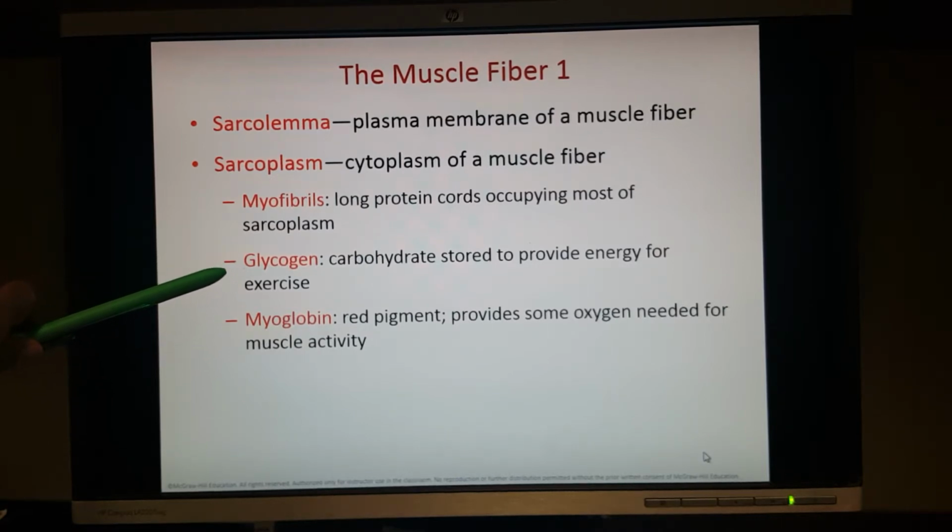If you remember from earlier, glycogen is the storage molecule for glucose, giving it the energy to make ATP. Another component is myoglobin. Just like hemoglobin in our red blood cells, our muscle cells have their own source of oxygen. Again, oxygen is needed for aerobic respiration to be able to make ATP. So both of these provide the glucose and the oxygen to make ATP inside your muscle fibers.